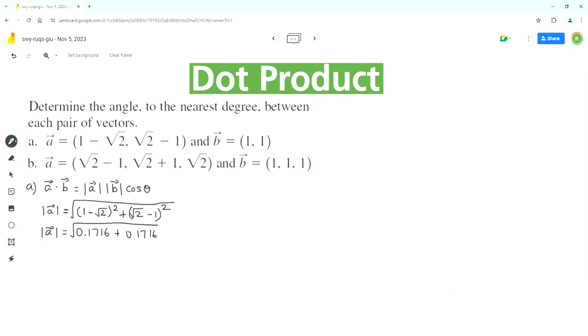Now we can add them. Now we can apply the square root. So I got this. Now we can find the magnitude of vector b.